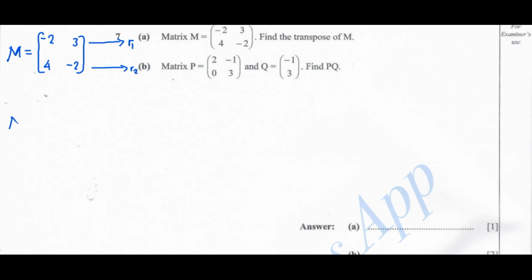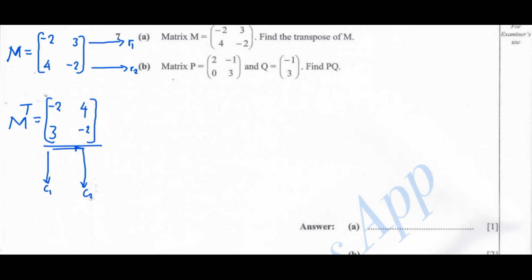For us to find the transpose of this matrix M, row 1 will become column 1 in the second matrix, and row 2 will become column 2. Row 1 has -2 and 3, so this will be -2, then 3 here, 4 here, -2 here. So this is our final answer.